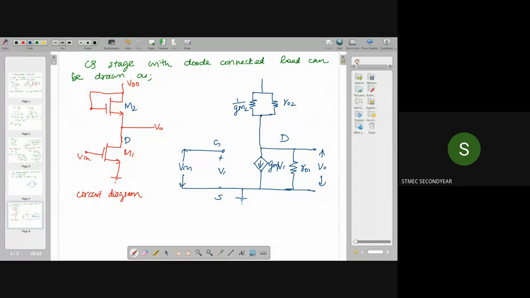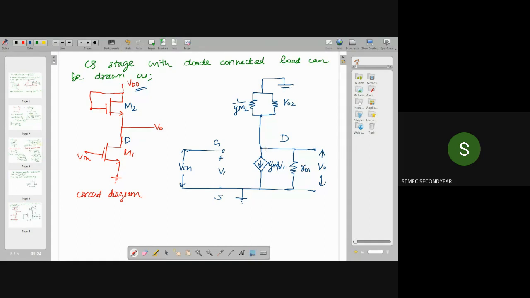Here it is connected to VDD actually, but in the small signal equivalent model, we can connect it to ground. In small signal analysis, the DC sources we connect to ground, so this VDD is connected to ground.